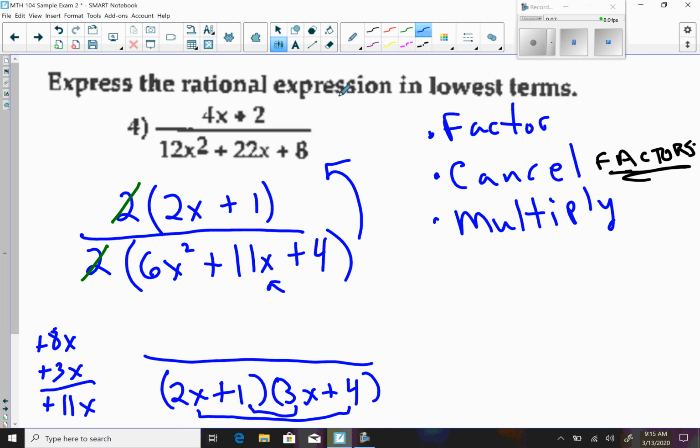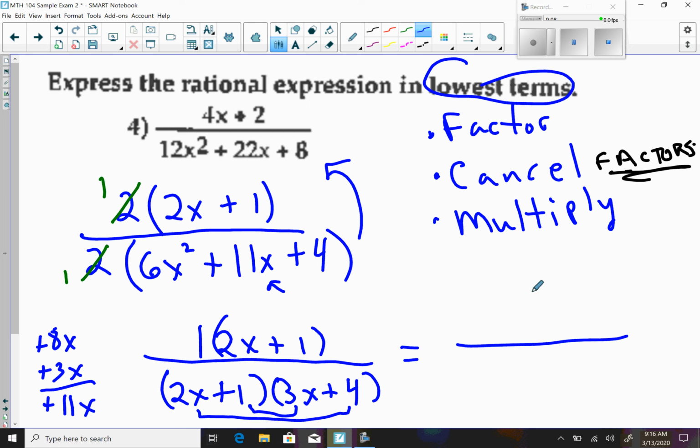The numerator is 2x plus 1. Technically, there's a 1 in front because when we crossed out these, 2 divided by 2 is, the crossing out is really dividing. 2 divided by 2 is 1. The final answer in lowest terms is 1 over 3x plus 4.